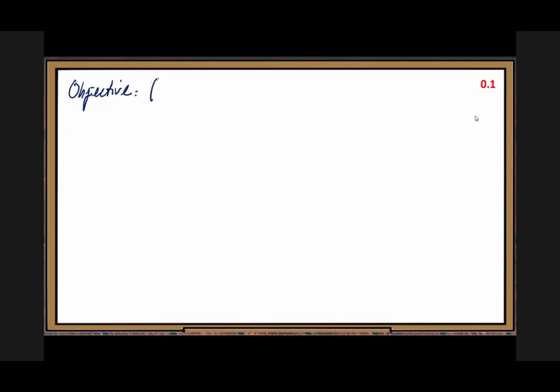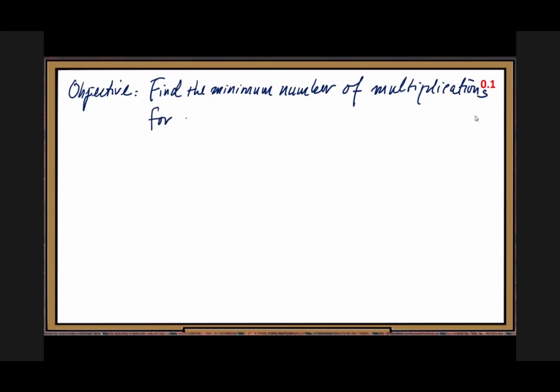Find the minimum number of multiplications for the monomials x to the nth.